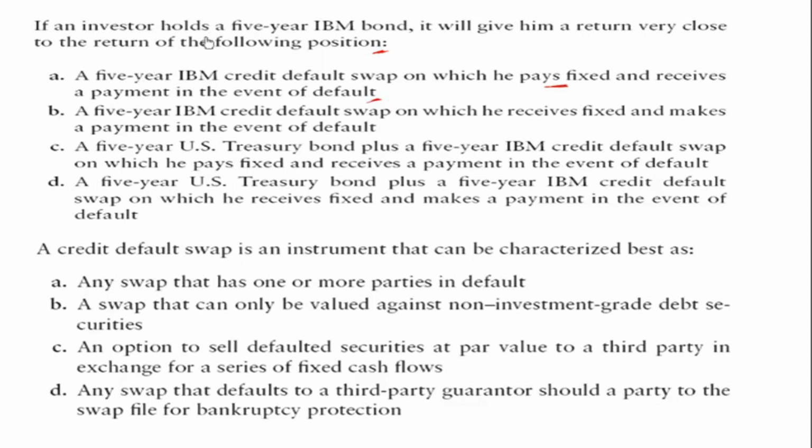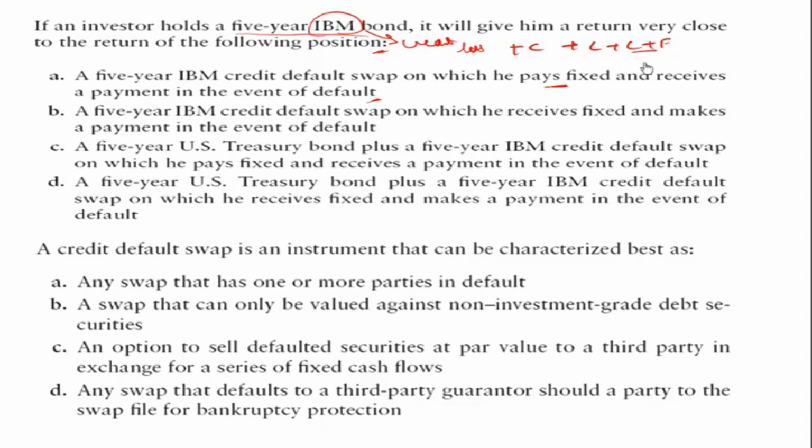So let's first depict the payoffs from a 5-year IBM bond. It will be a fixed inflow and a payment of par value at maturity from the IBM bond, because he is the investor who holds it. Of course, if IBM defaults, there can be a credit loss.